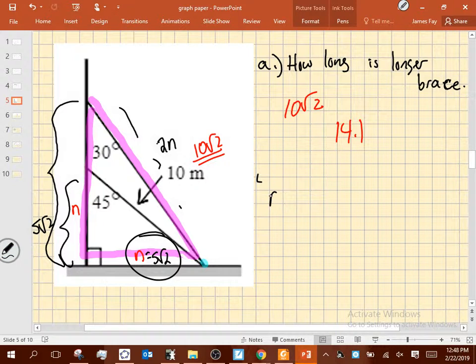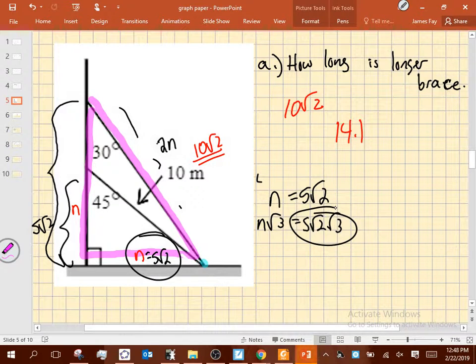So if n equals 5 root 2, then n radical 3 is 5 root 2 times radical 3. What's 5 times root 2 times root 3? 5 radical 6. That is the answer.